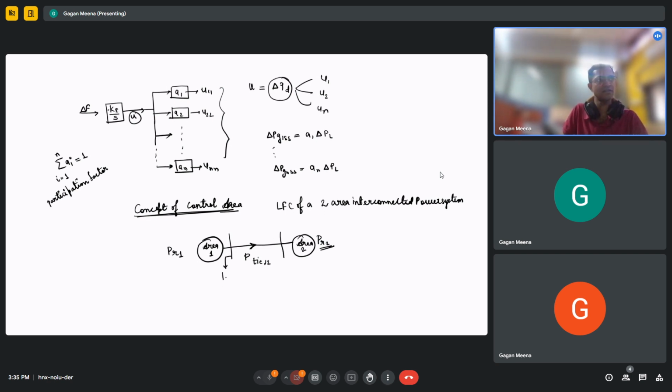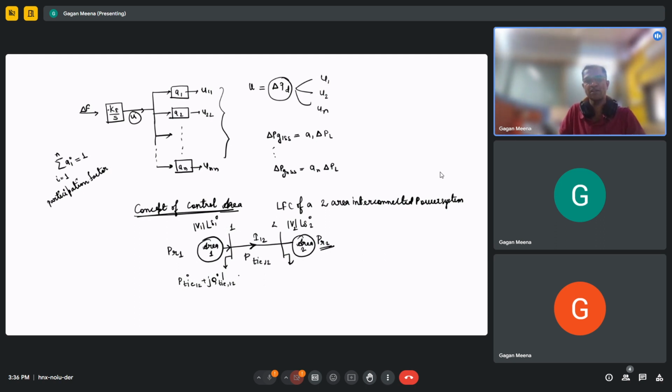Let us say this is bus 1, this is bus 2, and we have loads here, and this is I12, this is V2 angle delta 2 0 and V1 angle delta 1 0. Initially, this much, let's say, power was flowing: P tie 1 to 2 0 plus j Q tie 1 to 2 0.